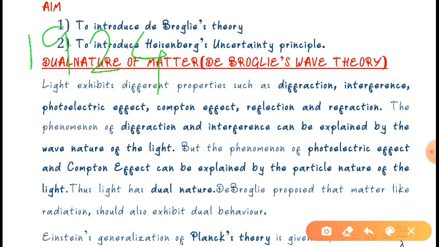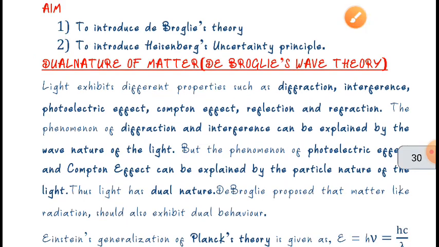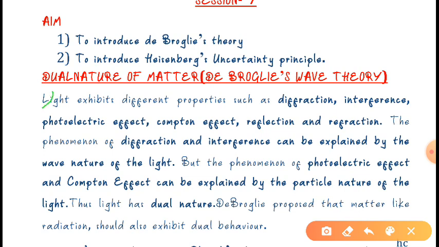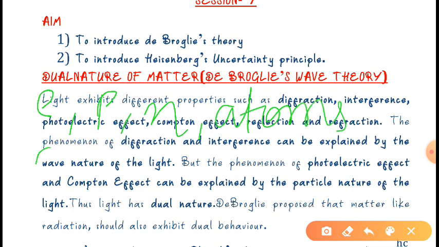That is, all matter particles possess the characteristics of both a material particle and a wave. I hope you have understood what he says.